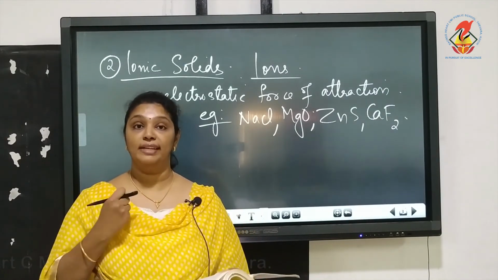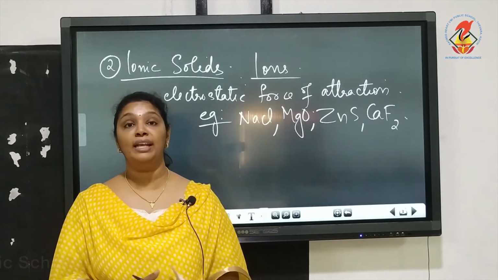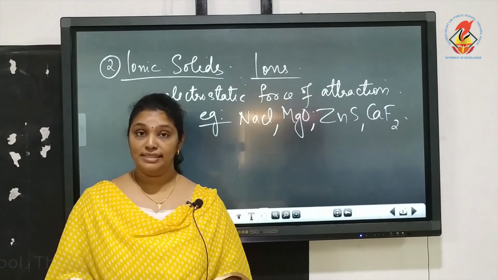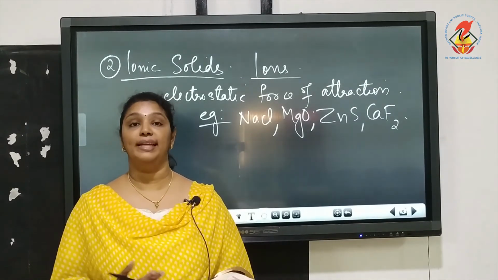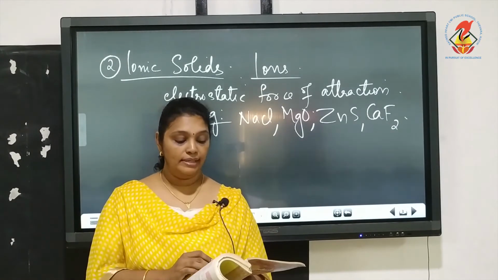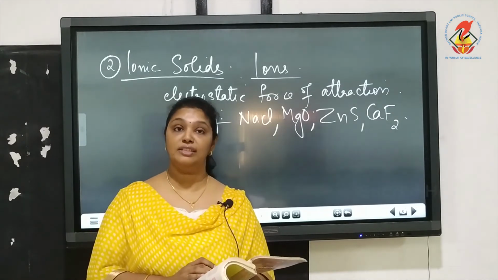So they act as insulators, but in aqueous or molten state the ions are free to move and they conduct electricity, and their melting point is very high. So, this is about ionic solids.